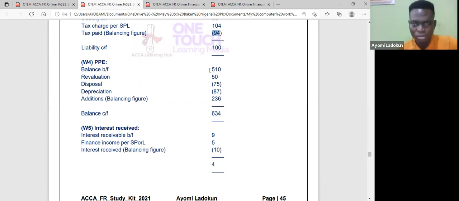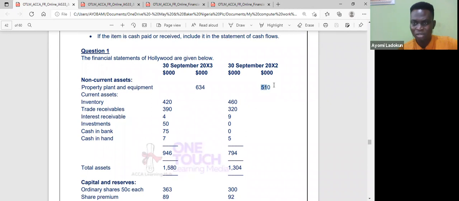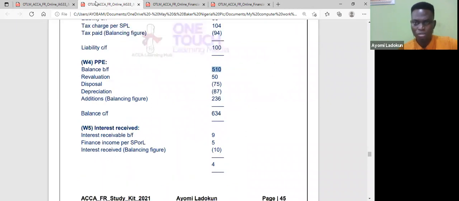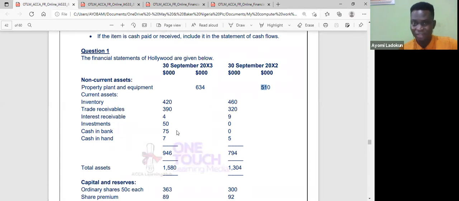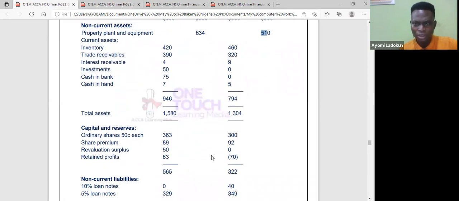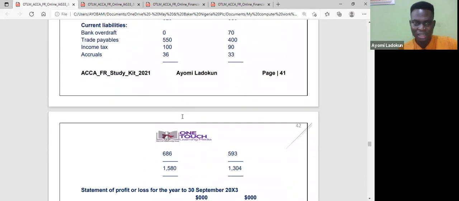So let's find out. I go to the account to check for my PPE. Obviously, it's going to be in my balance sheet. Last year it was 510. Can you see that? So you bring on the 510. Then did I revalue? Yes, I revalued. Can you see revaluation surplus here, 50? So that's how this 50 was gotten. Did I dispose? I will check the additional information.